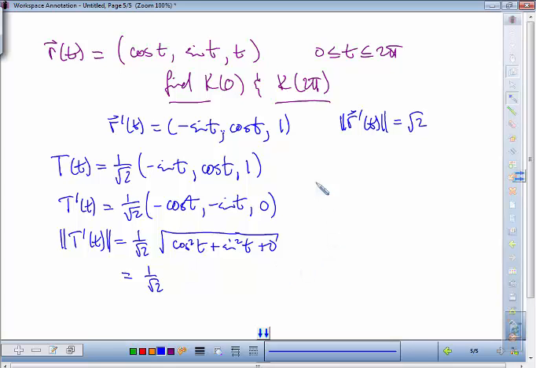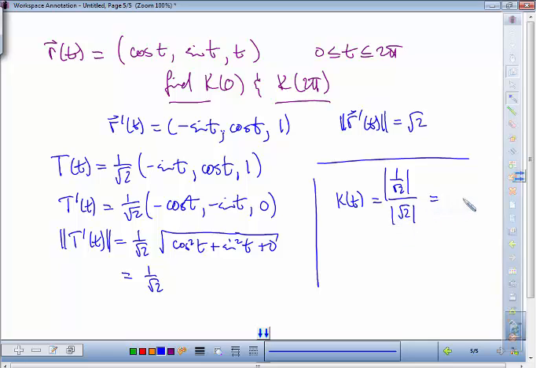All right, so what's the curvature? Kappa of t is equal to this thing, 1 over root 2, the magnitude of that, so just the absolute value. We don't need it because it's already positive. Divided by the absolute value of this, which is root 2. So that's 1/2.